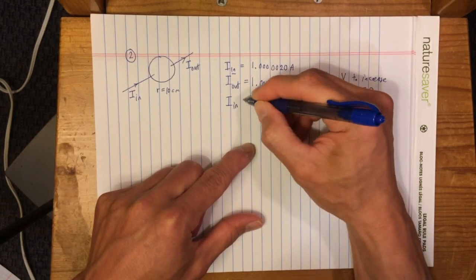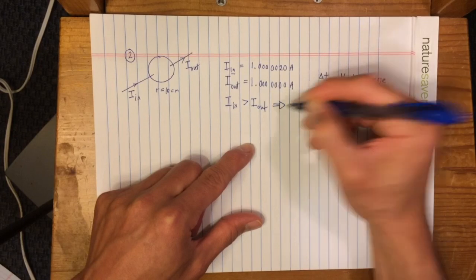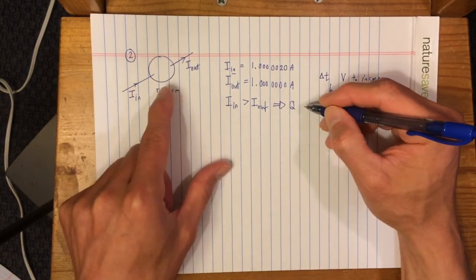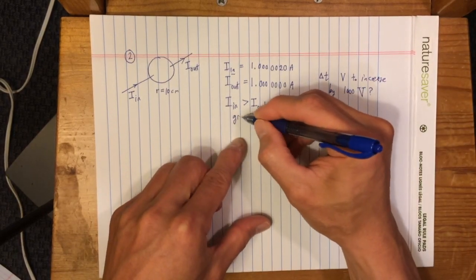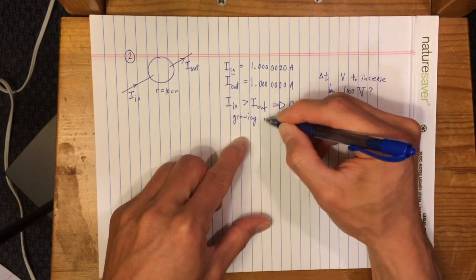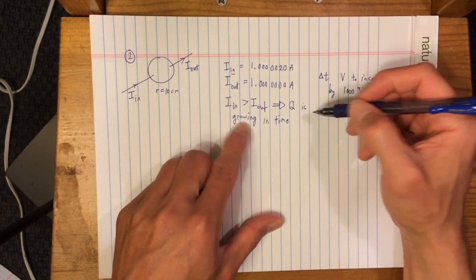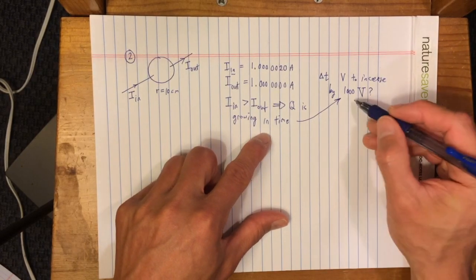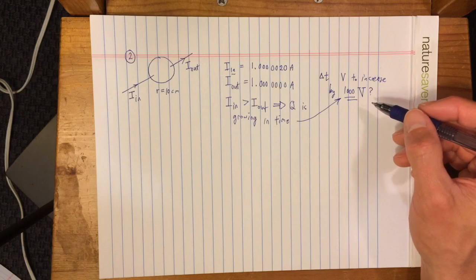So I in is bigger than I out. And so what this means is that the charge of the sphere is growing in time, and this must be why we expect the voltage to be increasing.